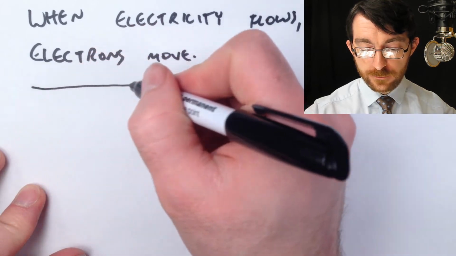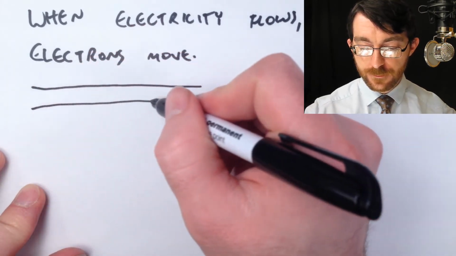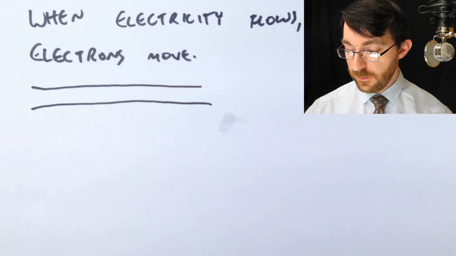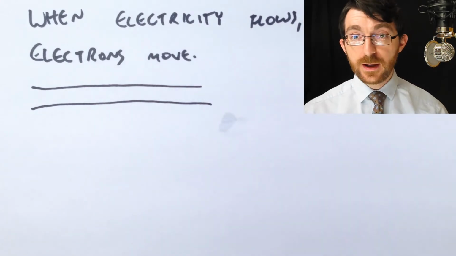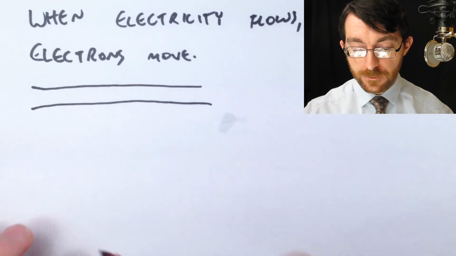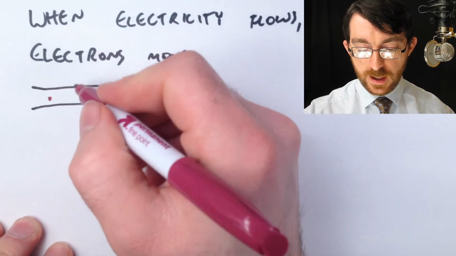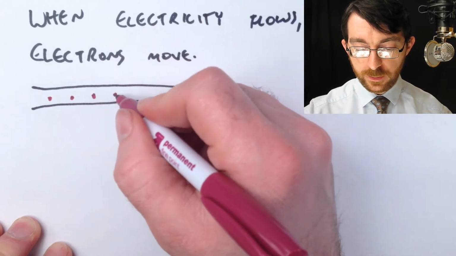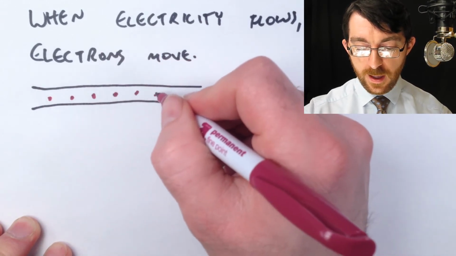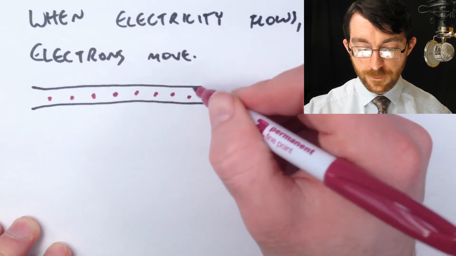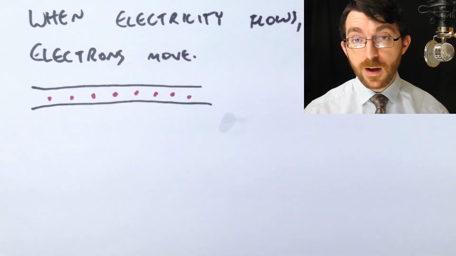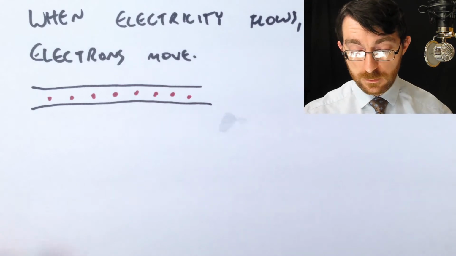You've got a wire, and in this wire, this is going to be the most unrealistic drawing ever, are a whole bunch of atomic nuclei. Let's just say this is a copper wire. So these are a whole bunch of copper nuclei. These are the nuclei of copper atoms. And all of those atoms are surrounded by electrons.